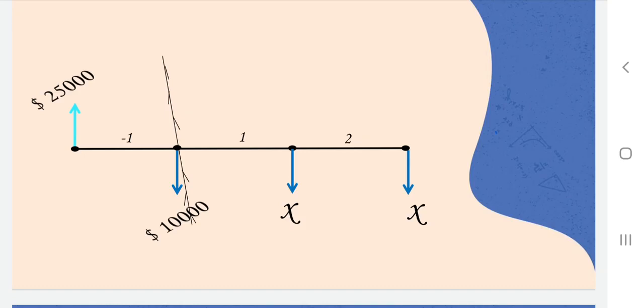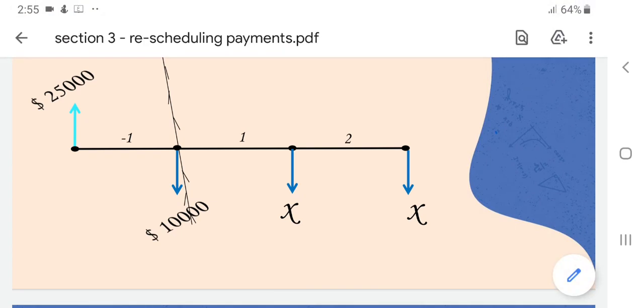So the focal date lies in between the maturity dates of the old and the new obligations. We can use the main formula, which is S for O equals $10,000 plus the present value for X and the present value for the second X.